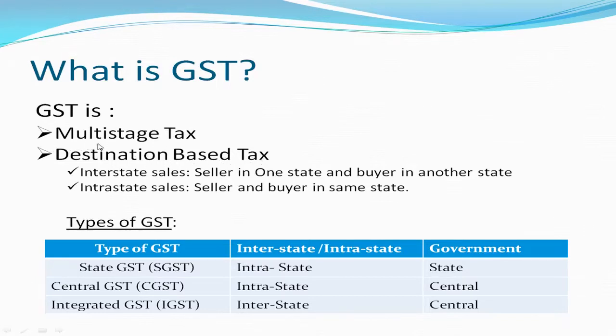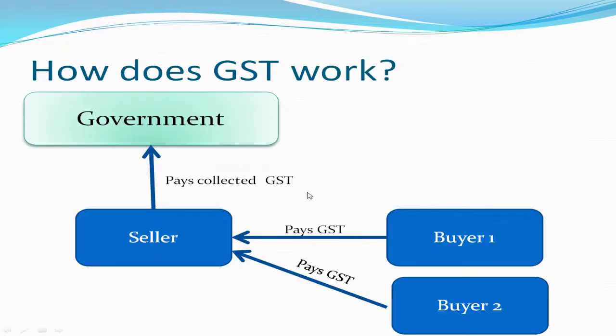Now we'll discuss this multi-stage tax in the next slide in detail to understand it better. Okay, now in basic unit, when any sale happens, there is one seller and one buyer, right? Seller, you may take an example of a shopkeeper.